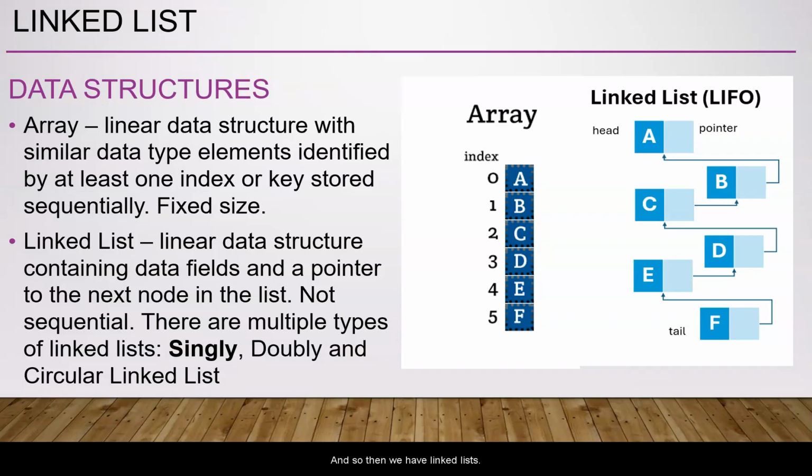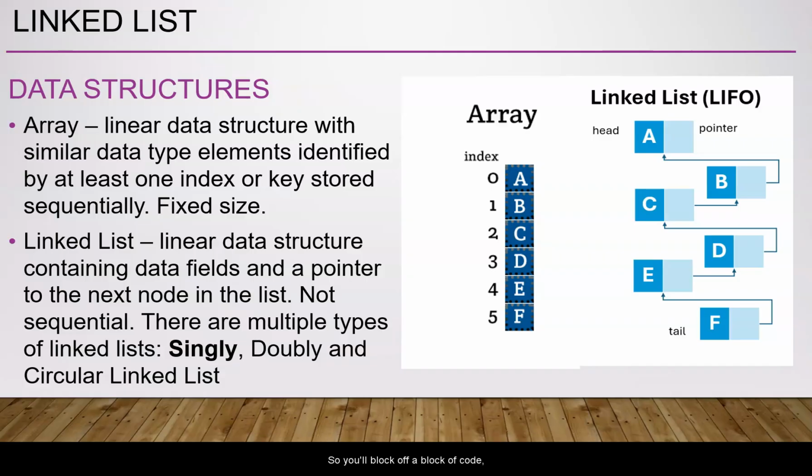And so then we have linked lists. The one I'm showing here is a LIFO one, which is last in, first out. But a linked list is a data structure that, instead of storing all the data in a sequential row, is storing the data in things that you need at the time you need them, right?